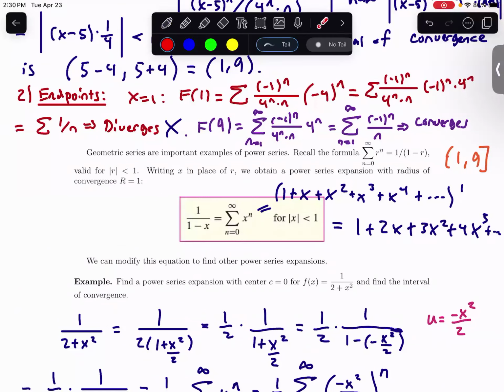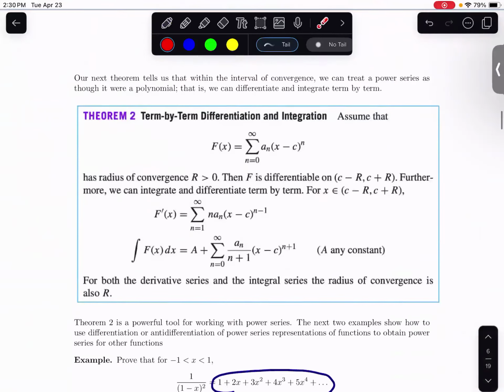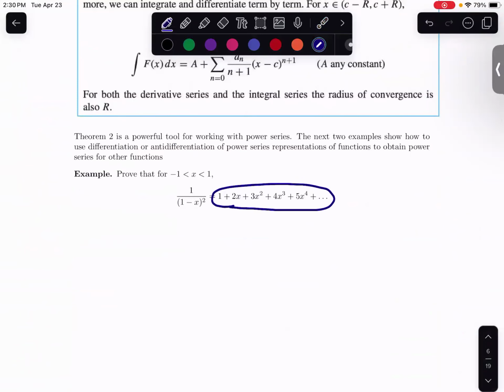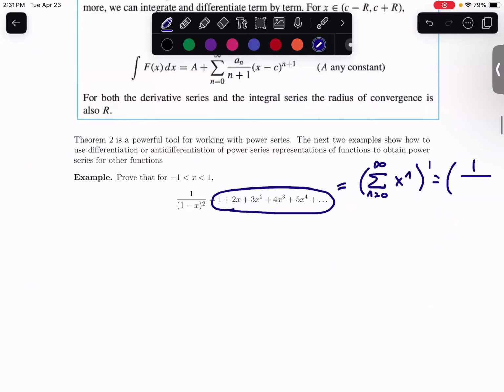So you can see that this series here is really just the derivative of this series that we already are familiar with, right? This term here is equal to the derivative of x to the n, where n is equal to 0 to infinity. And then we know that this is equal to the derivative of 1 over 1 minus x.